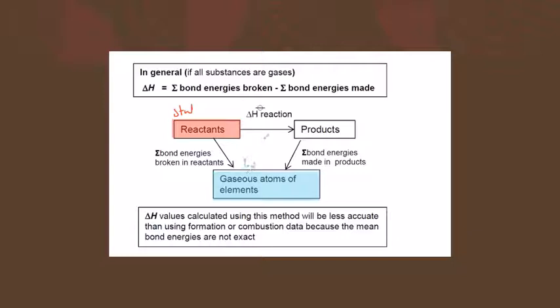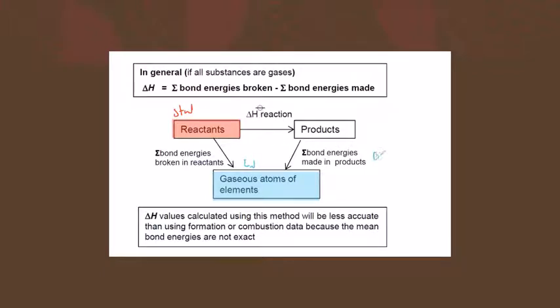So I can say the enthalpy change of a reaction plus the bond energy of the product is equal to the bond energy of the reactant. Or if I need the enthalpy change, it is bond breaking minus bond forming: the sum of bond energies broken in the reactants and the sum of bond energies made in the products.